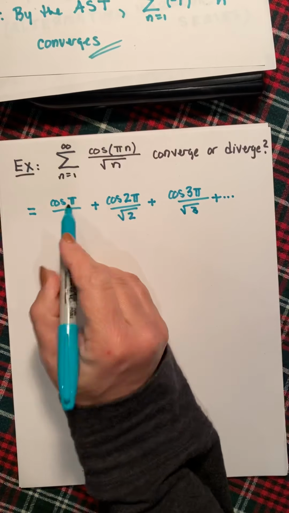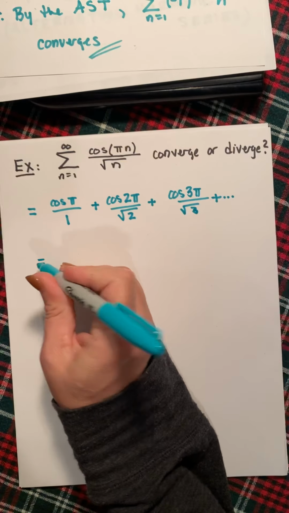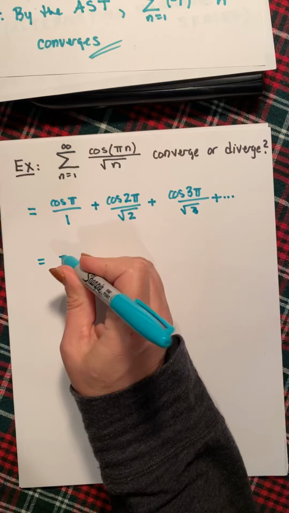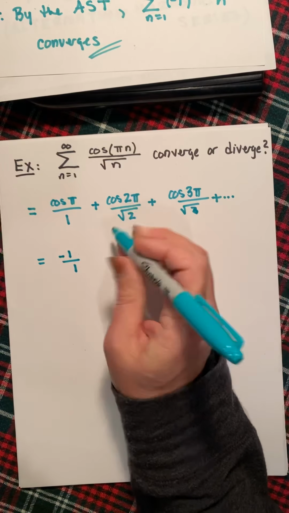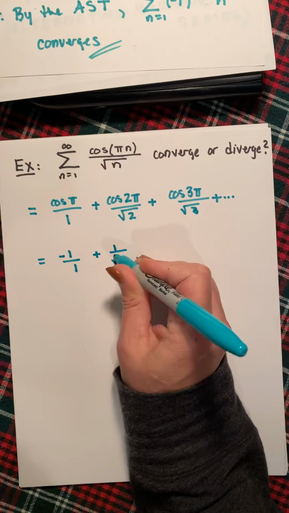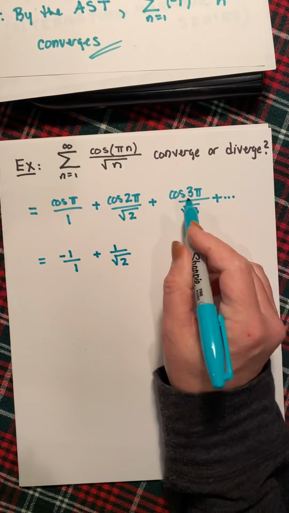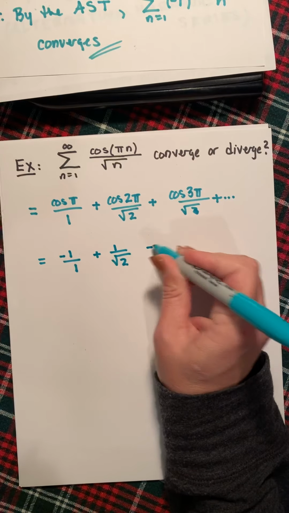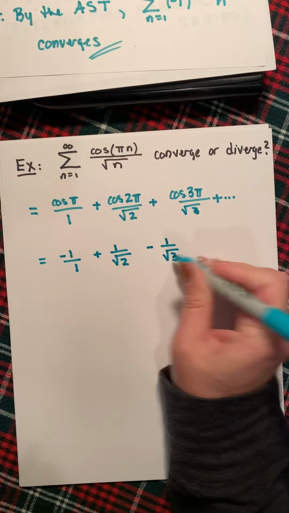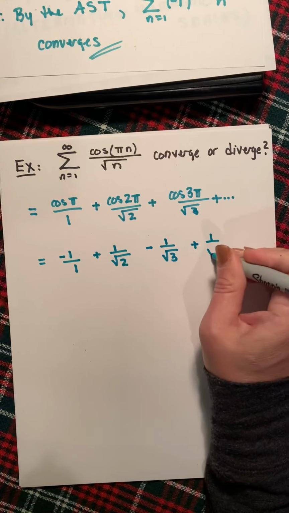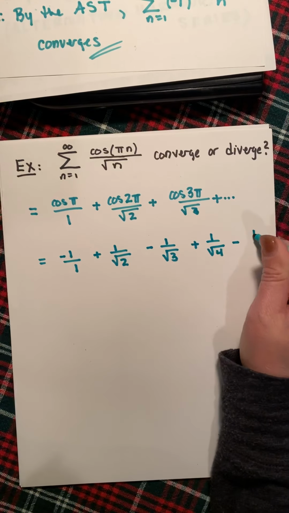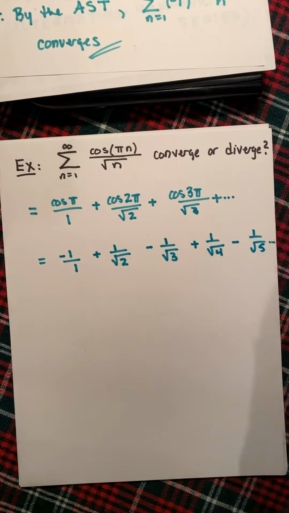Now let's evaluate this, because the cosine of pi actually has a numerical value. The cosine of pi is -1, so this is -1 over 1. The cosine of 2 pi is +1, so plus 1 over the square root of 2. Cosine of 3 pi bounces back to negative. And then 4 pi behaves like 2 pi, so it's 1 over the square root of 4, minus 1 over the square root of 5, and it's going to behave like this.